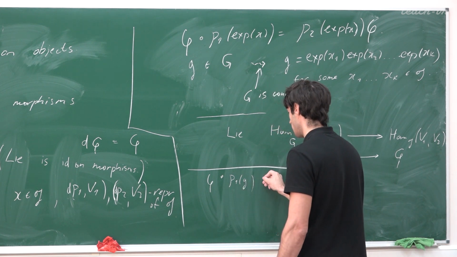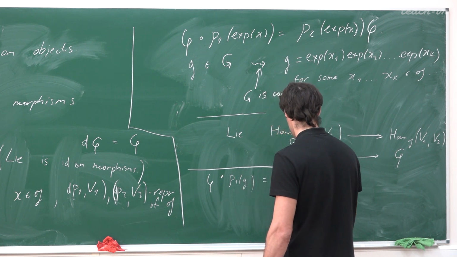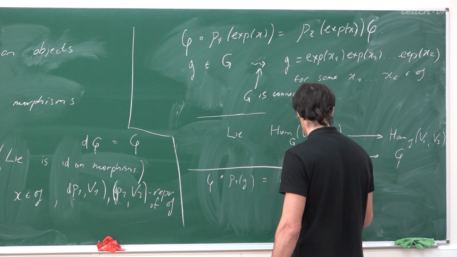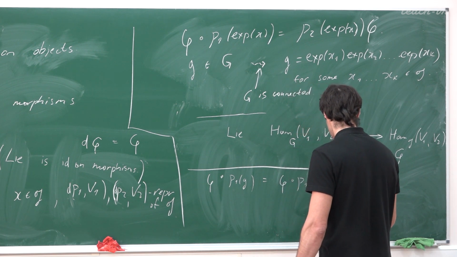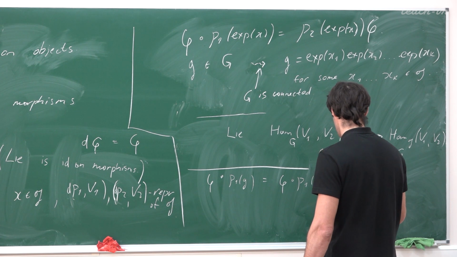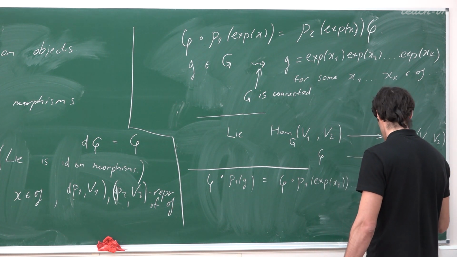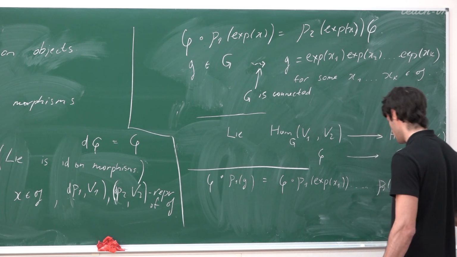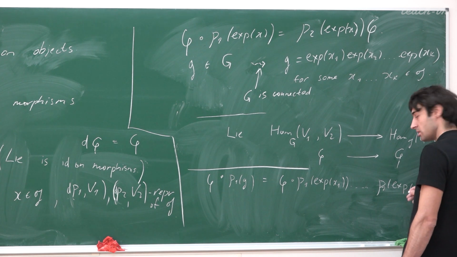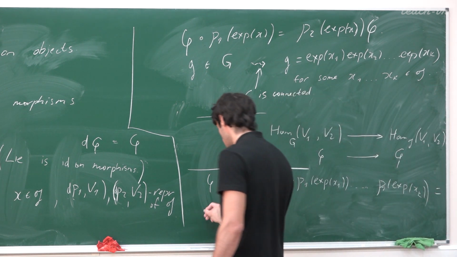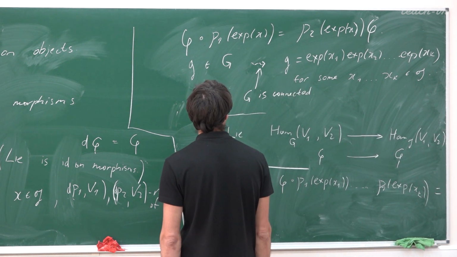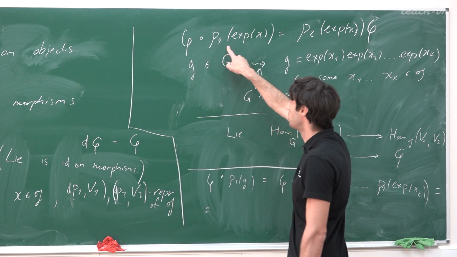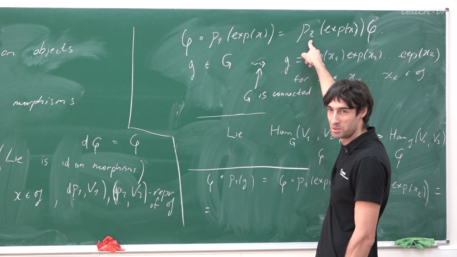Rho 1 is a homomorphism, so I can write it like this: phi rho 1 of exp x1, up to rho 1 of exp xk. Then phi commutes with each of them, well, I shouldn't say commutes in this sense; 1 should switch to 2.